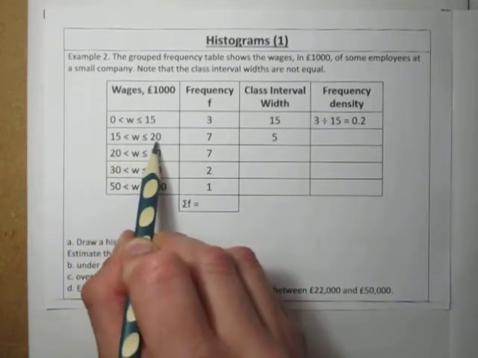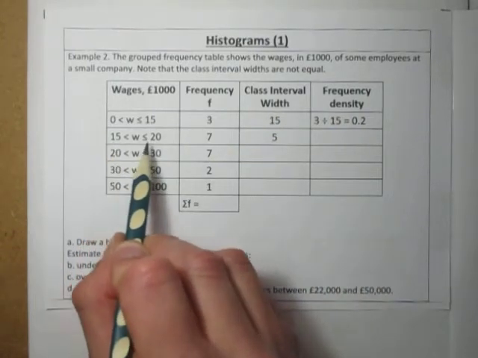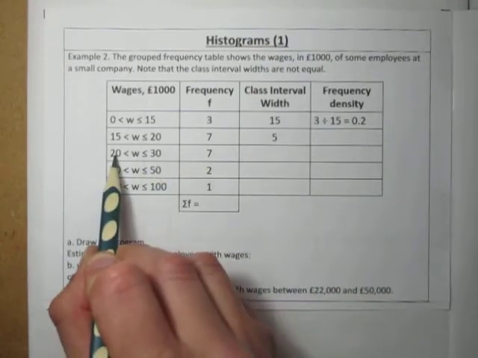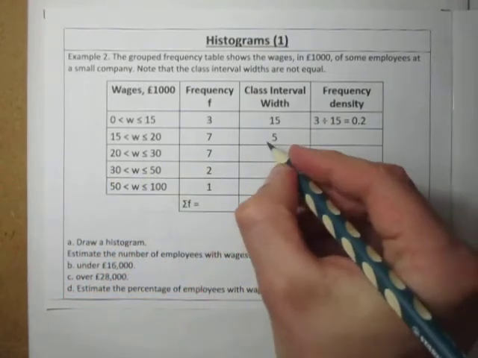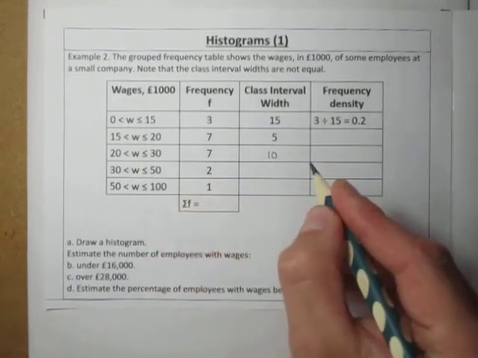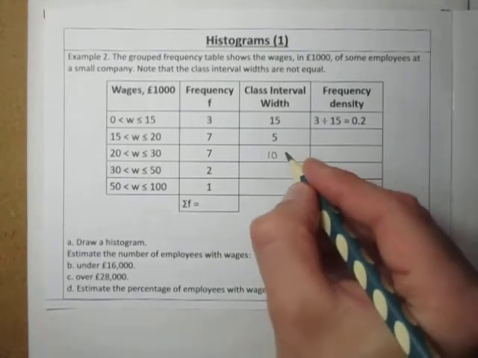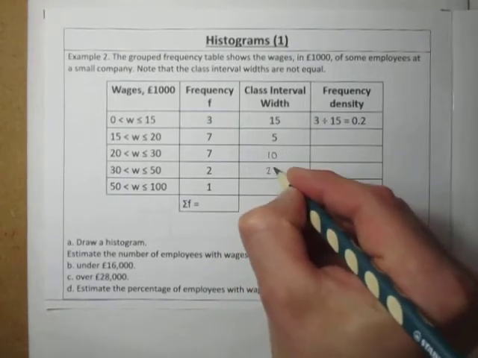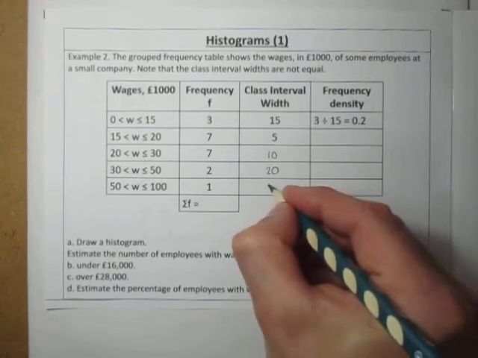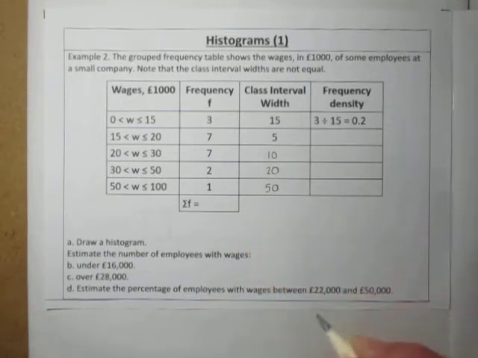From 15 to 20,000, the class width is 5. 20 to 30,000 means the class width is 10. 30 to 50,000 means the class width is 20. And finally, here the class interval width is 50.